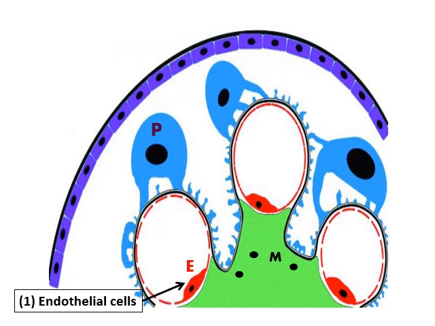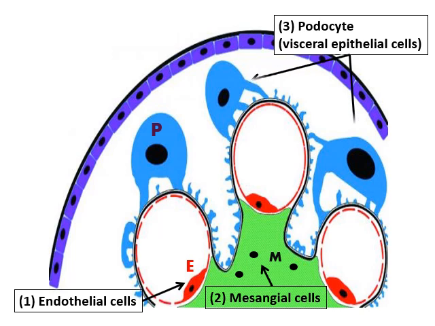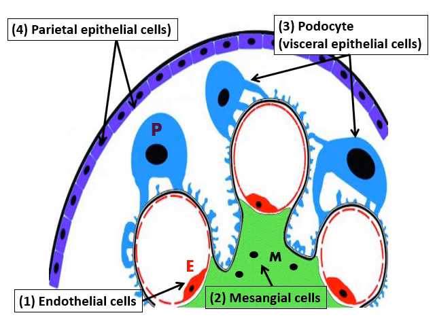This is the first one. These capillaries are held together by the mesangium, and the cells it contains are the mesangial cells. So this is the second type of cells. The third type are the podocytes, which are the cells located on the outer surface of the basement membrane, and they send foot processes along the outer surface of the basement membrane. And the fourth type of cell are the parietal epithelial cells. These are the cells lining the Bowman's capsule.